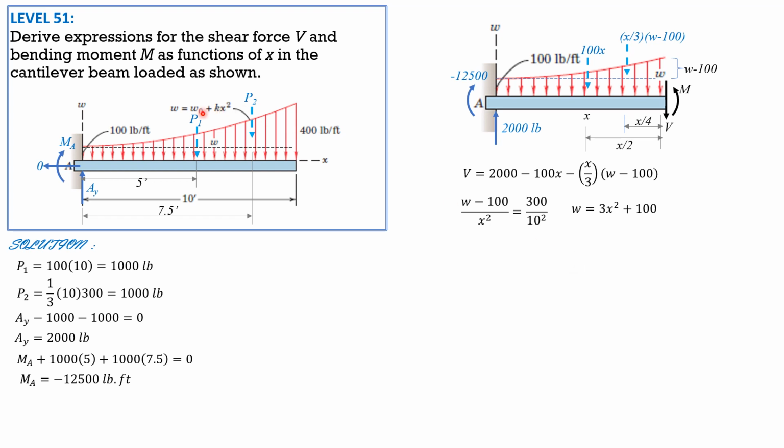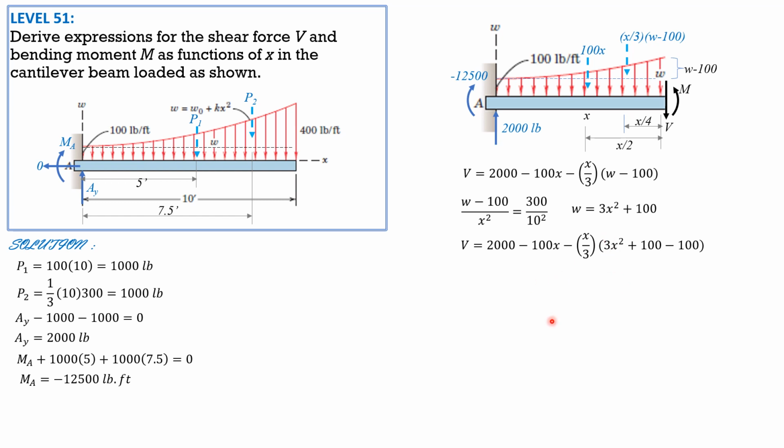So comparing with this given equation, we conclude that w0 is 100 and k is 3. Therefore, the w minus 100 is just 3x squared. So shear therefore is 2000 minus 100x minus x over 3 times w, which is 3x squared plus 100 minus 100. So cancel. So this is just the 3x squared.